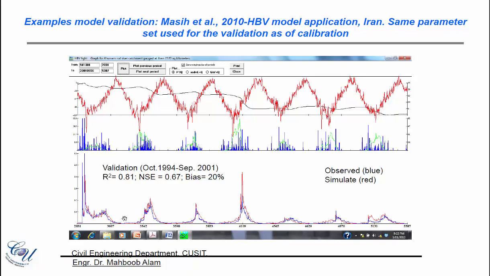So in a calibration process, you fix your parameters in such a way that you are satisfied with the model results. Once you are satisfied, you fix those parameters, you do not change them again, but you just change the data, and by data I mean the precipitation values, the temperature values, and these kinds of things. The parameters remain the same as you fixed them in calibration, and you then run your model and see how your model is performing. So that was basically about calibration and validation processes.